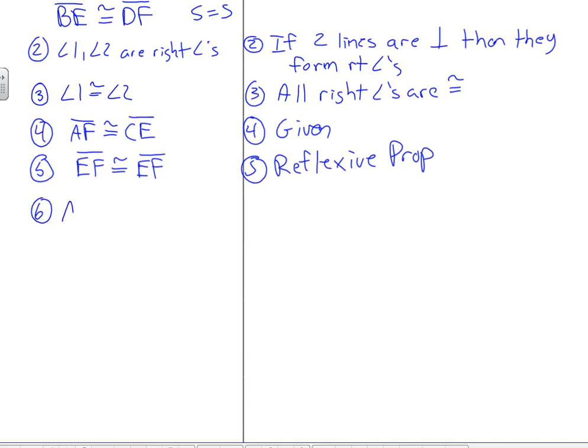So now we're going to subtract. AF minus EF would be congruent to CE minus EF. Or what's the result when we subtract?